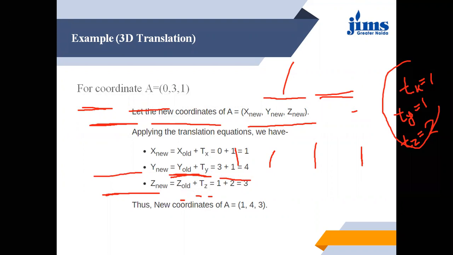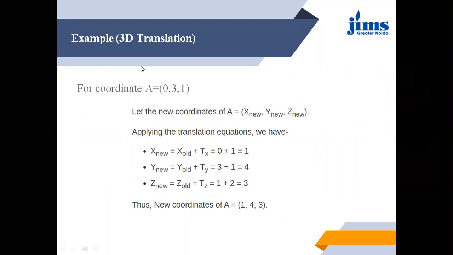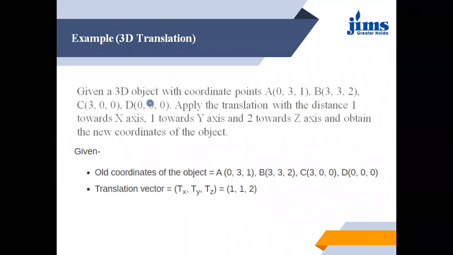When we want to find the new value of coordinate A, the coordinate of A is 0, 3, 1. This is x old, this is y old, and this is z old for point A, and the same for points B, C, and D also.